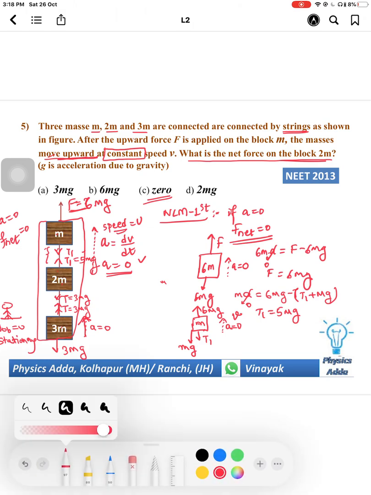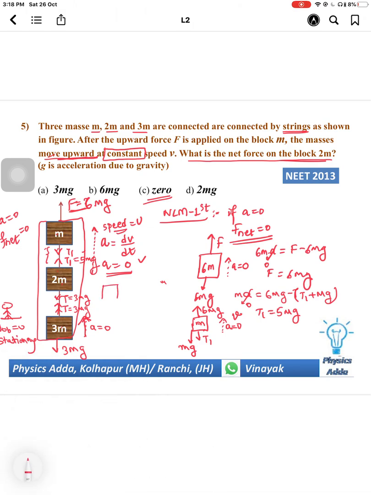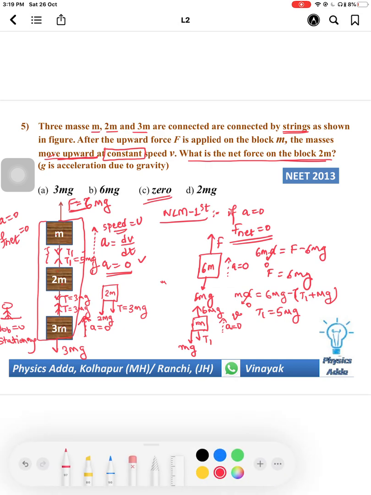If this is block 2m, this will be 2 mg acting downwards due to its own weight. This is tension T. T is equal to 3 mg. Is there any other force?